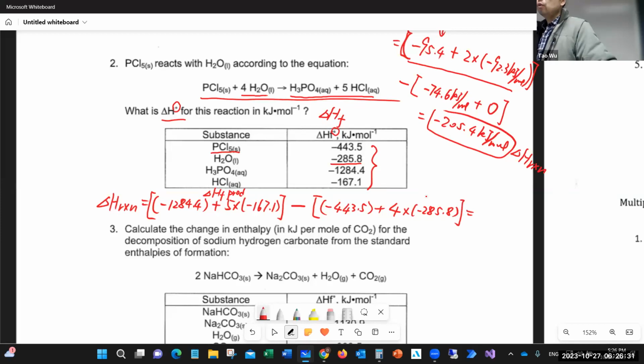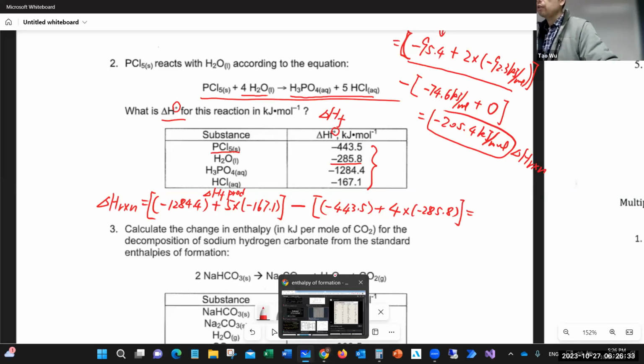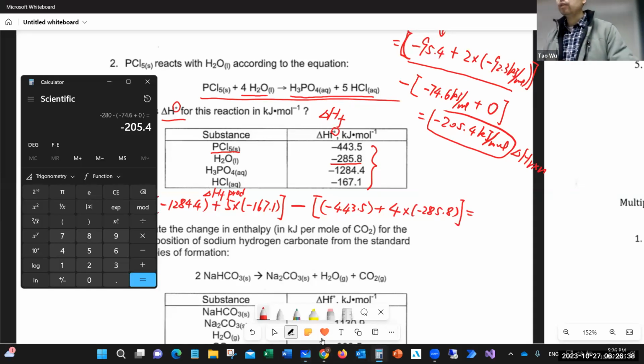And the difference will be just the enthalpy of those chemical reactions. So let's figure out what the difference is. 1284.4 plus 5 times 167.1. Okay, subtract 443.5 plus 4 times 285.8.